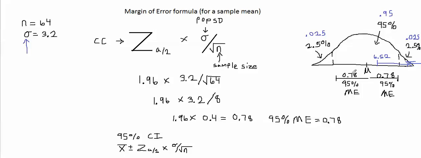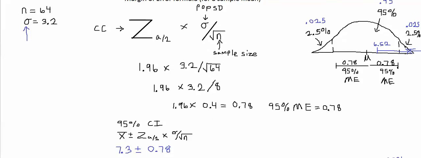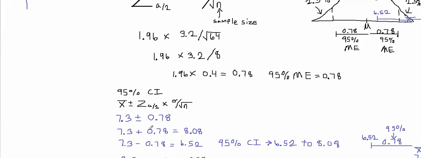And one other point I wanted to make is that when the margin of error shrinks, when it goes down to a smaller number, the confidence interval becomes narrower, because the confidence interval is created by adding and subtracting the margin of error.